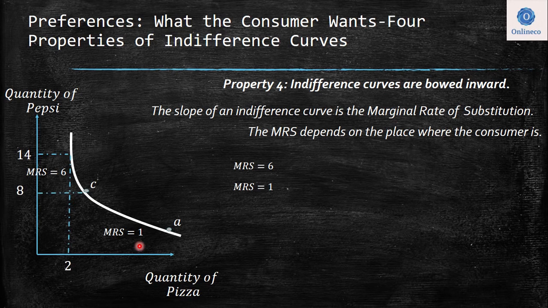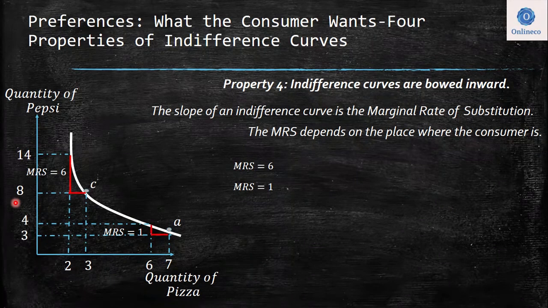And here you have 8 Pepsis for 3 slices. The next situation is 7 pizza and 4 Pepsis, and then 6 and 3.